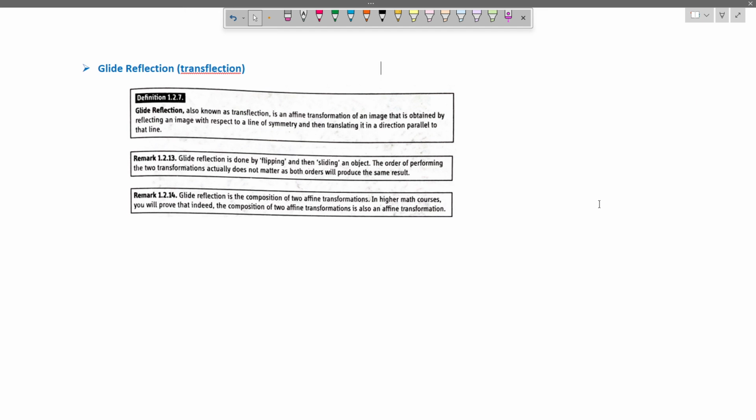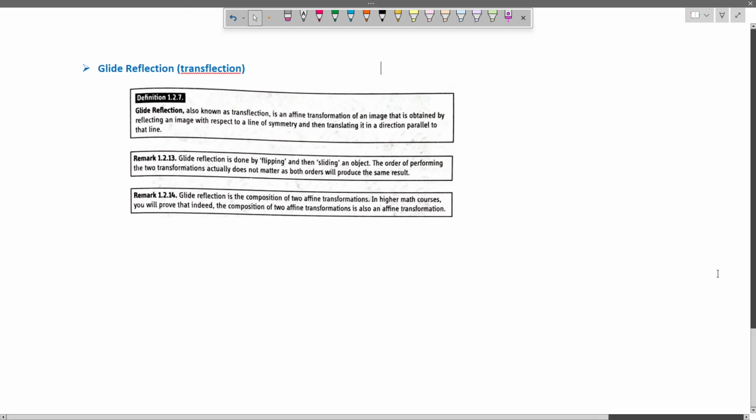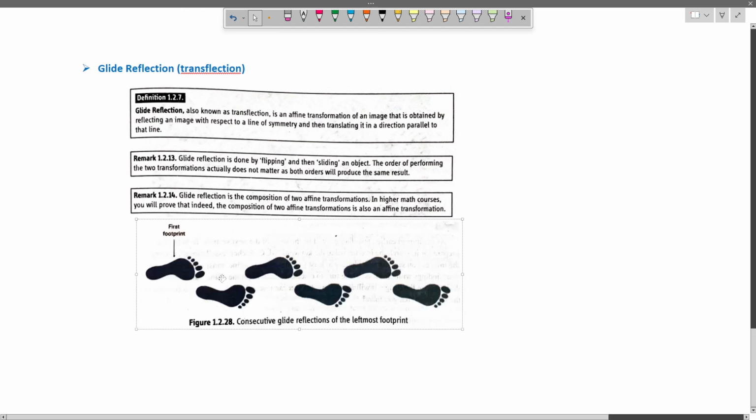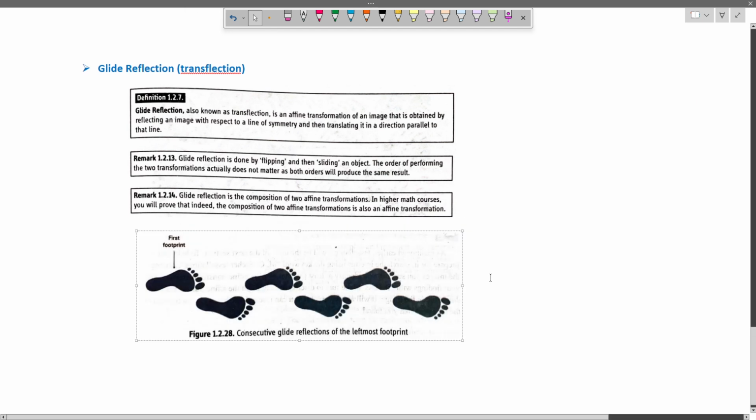The order of performing the two transformations does not matter, as both orders will produce the same result. We can flip then slide, or vice versa. One of the most famous examples of glide reflection is footprints: we slide and then flip to get the next image.